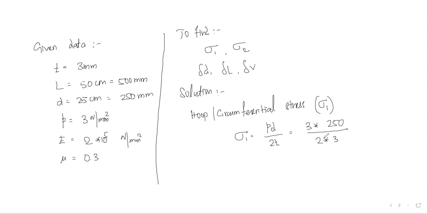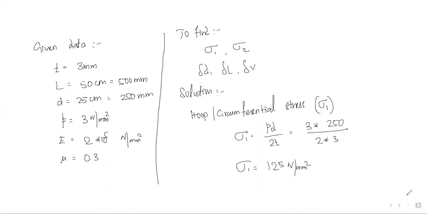Substituting, we get 3 into 250 divided by 6, so 125 Newton per mm square. Sigma 1 is equal to 125 Newton per mm square.